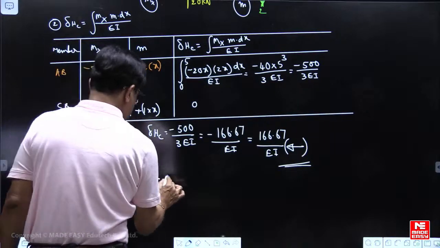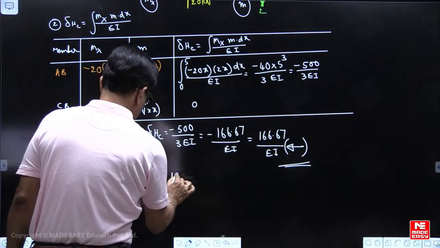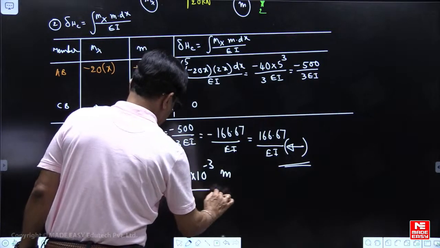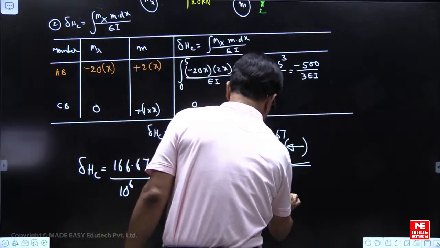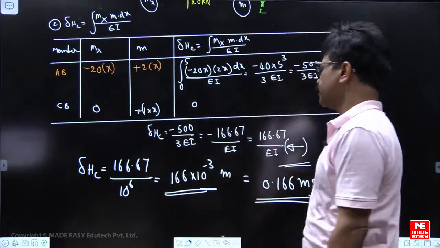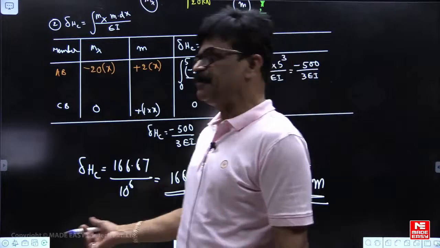Six zeros means 166 into 10 to the power of minus 3 meters. In other words, 0.166 mm will be the answer.